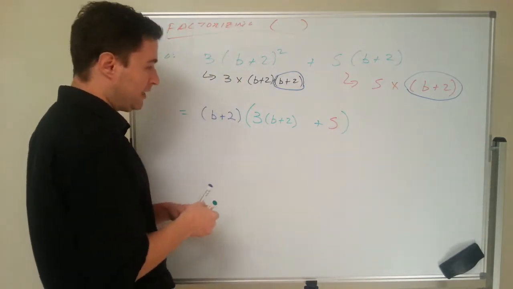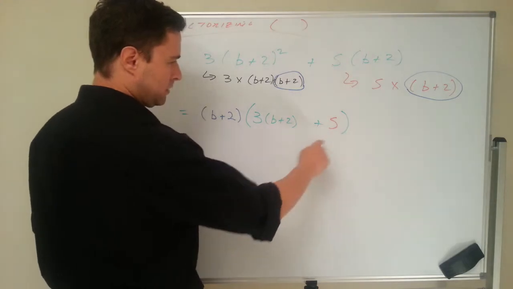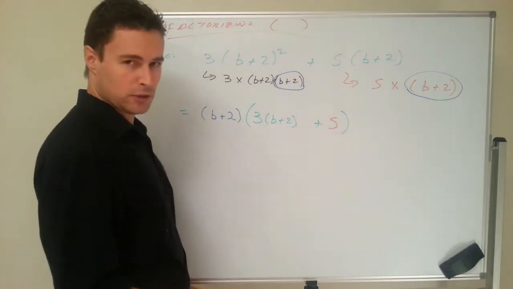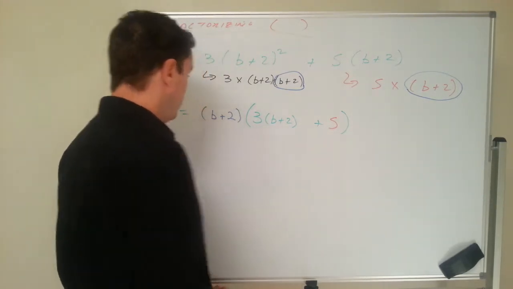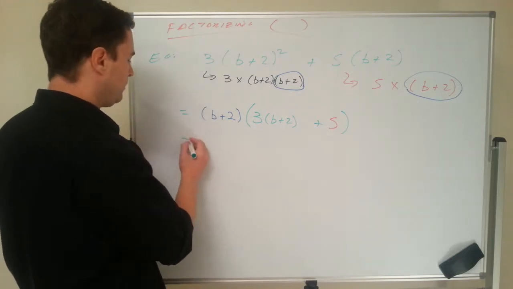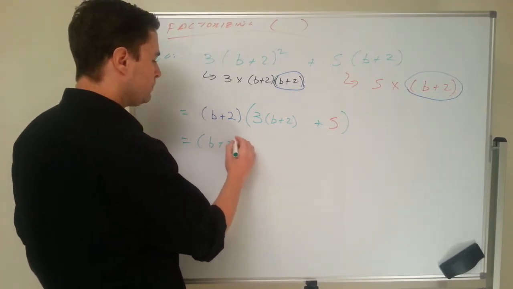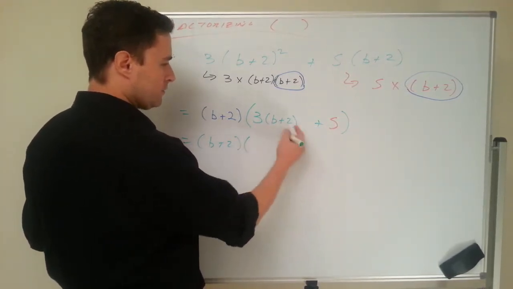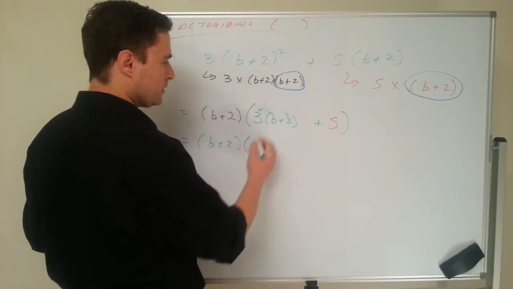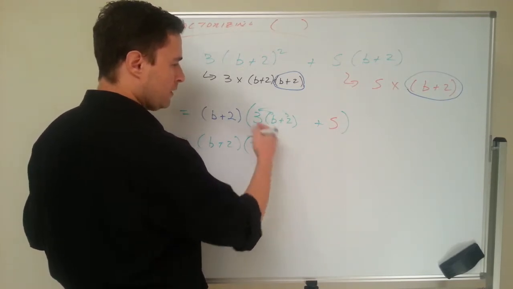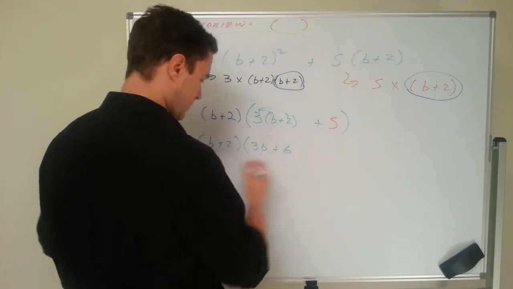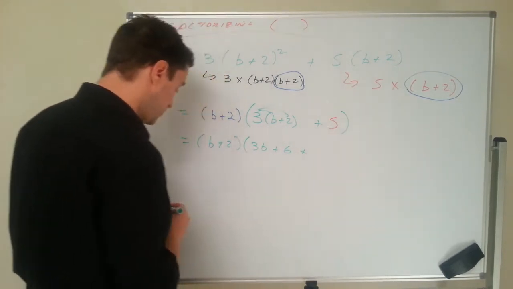And now all we have to really do is tidy this up. This is not finished yet. Let's leave this bracket over here, b plus 2, and just tidy this up. This 3 times b, I'm going to now distribute this. 3 times b is 3b, 3 times 2 is plus 6, plus this 5 that's still floating there.